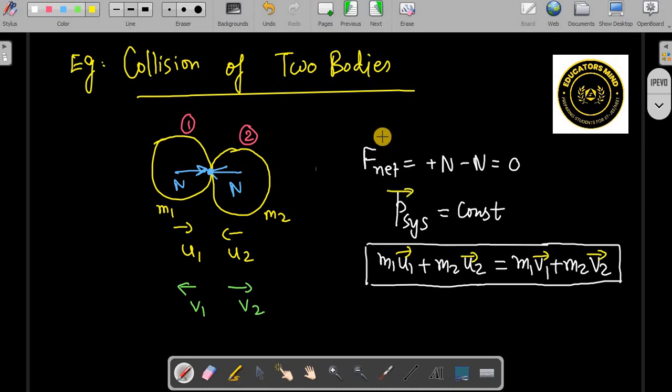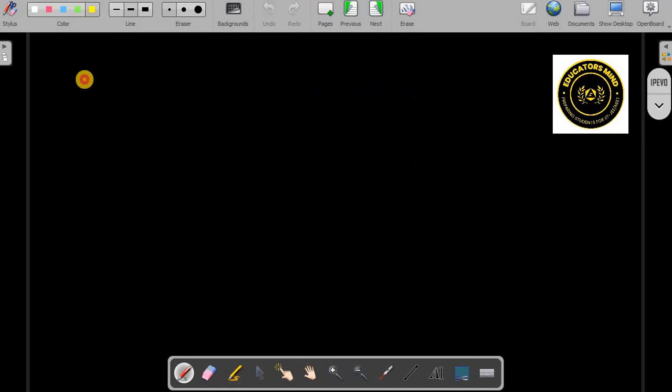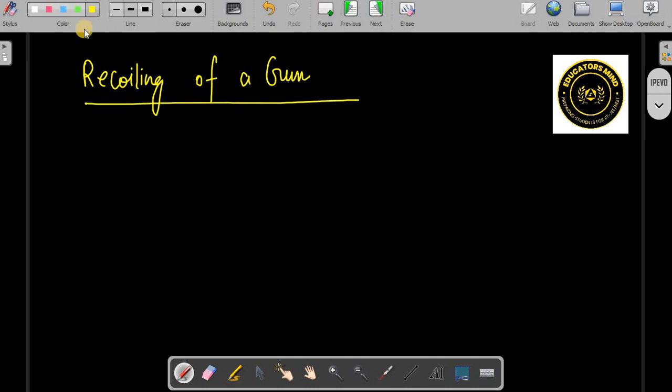Total momentum we conserve. There are some examples here, also recoiling of a gun. Suppose there is a gun, and this gun is firing, let us say.